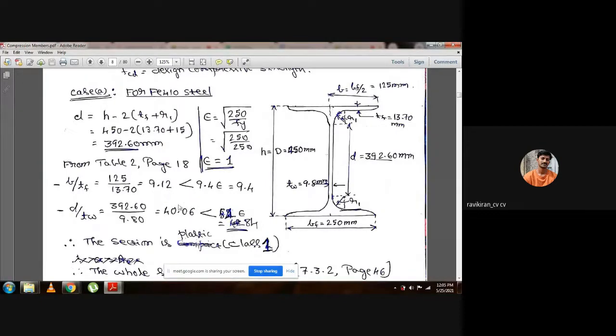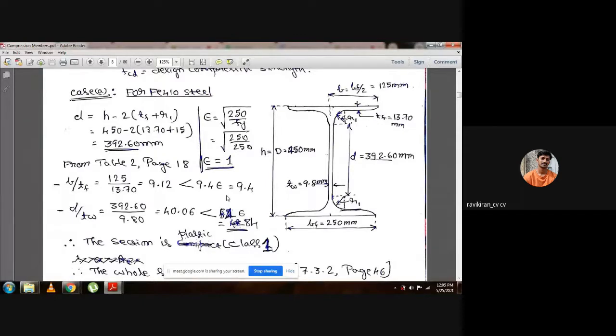9.12, which is less than 9.4 epsilon. What is 9.4 epsilon? Open Table 2 and observe: first column, rolled section, class 1, it is given as 9.4 epsilon.